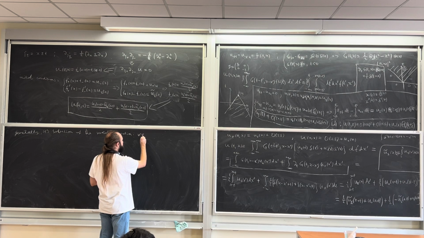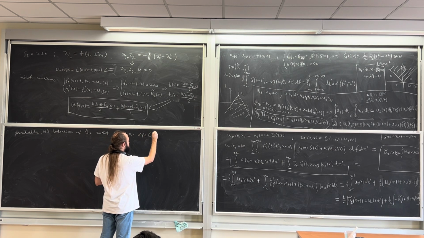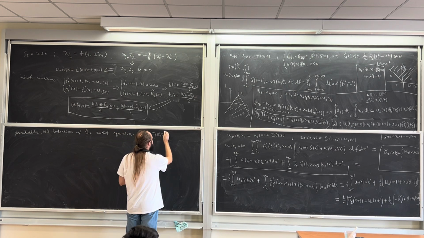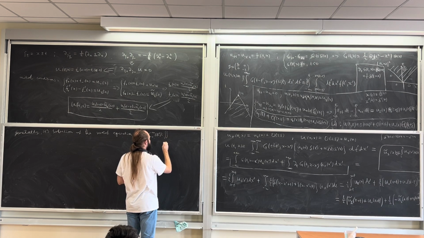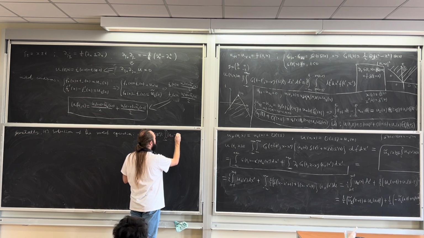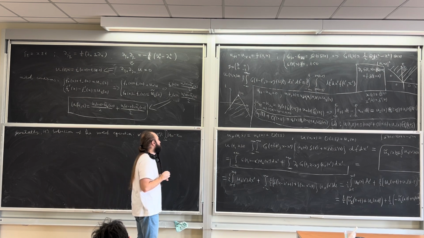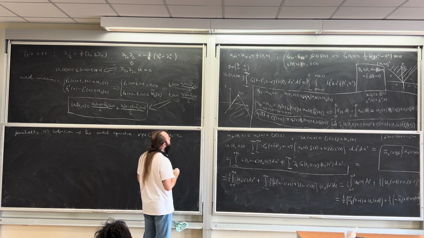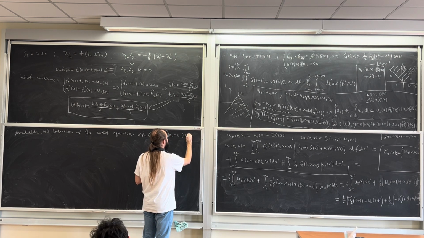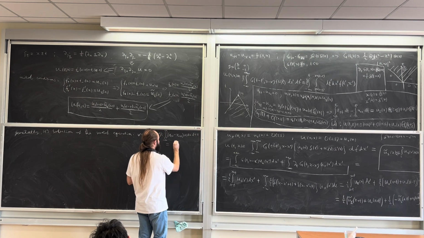So for any phi in C infinity with compact support, this integral of phi tt minus phi xx times u dx dt equals the integral of f.